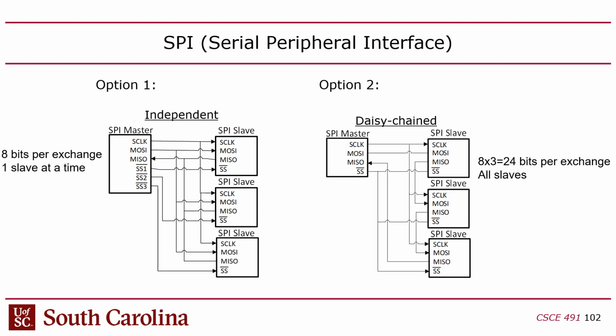The problem with this approach, though, is MISO, because there's only one MISO on the master, and so all the slaves have to connect to that one MISO. Now that's a problem because SPI uses what's called a push-pull driver design, meaning that every device that's connected to a wire on an output has to actively drive that output.